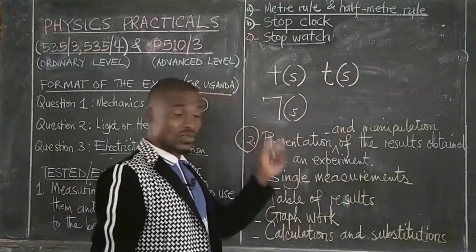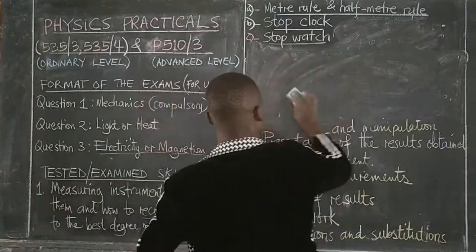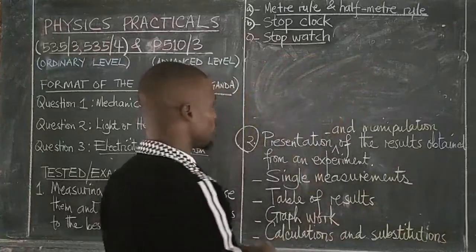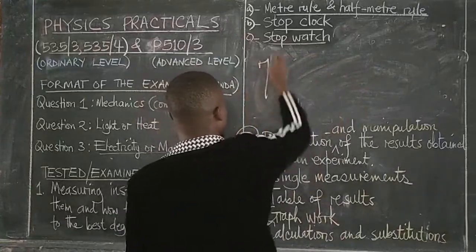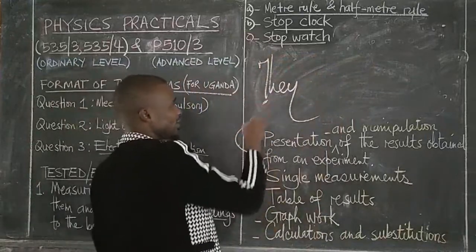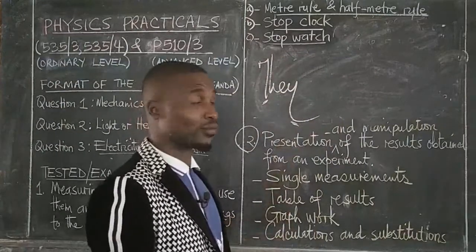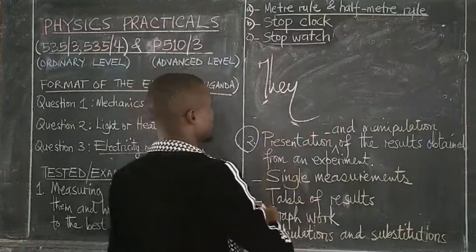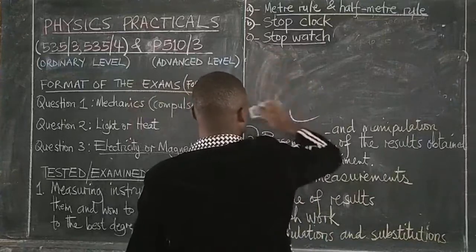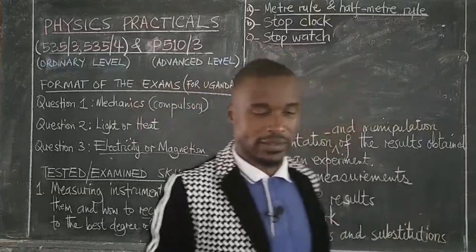You people. Maybe in history, when you are talking about the contributions of the Arabs to the economic development of East Africa, you write like this. Which letter is this? For us in physics, we have no mercy. This one, we shall slay you.